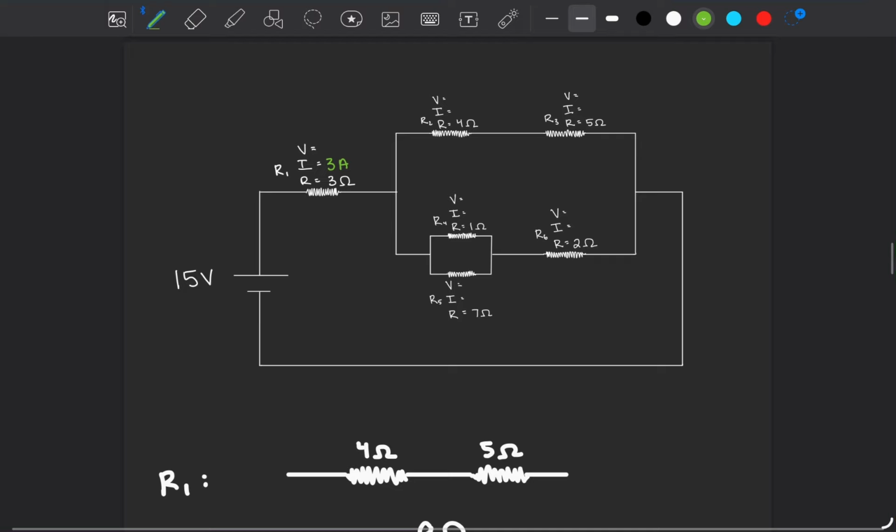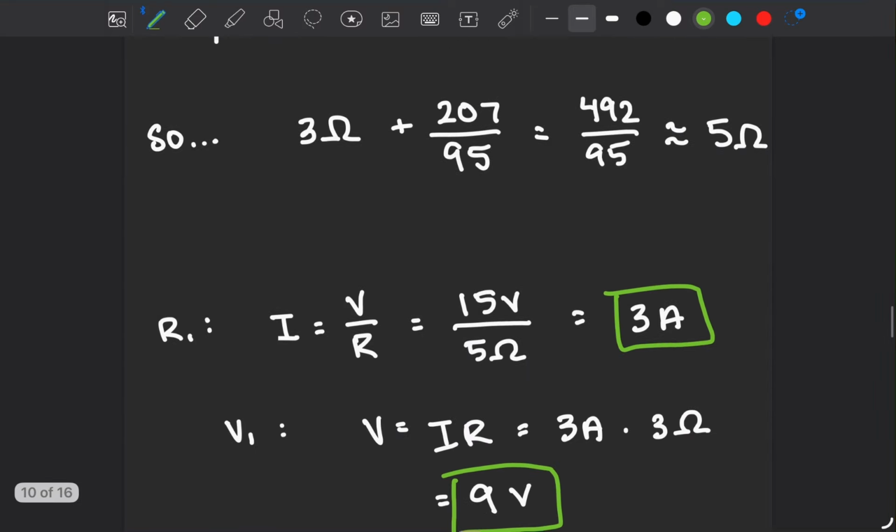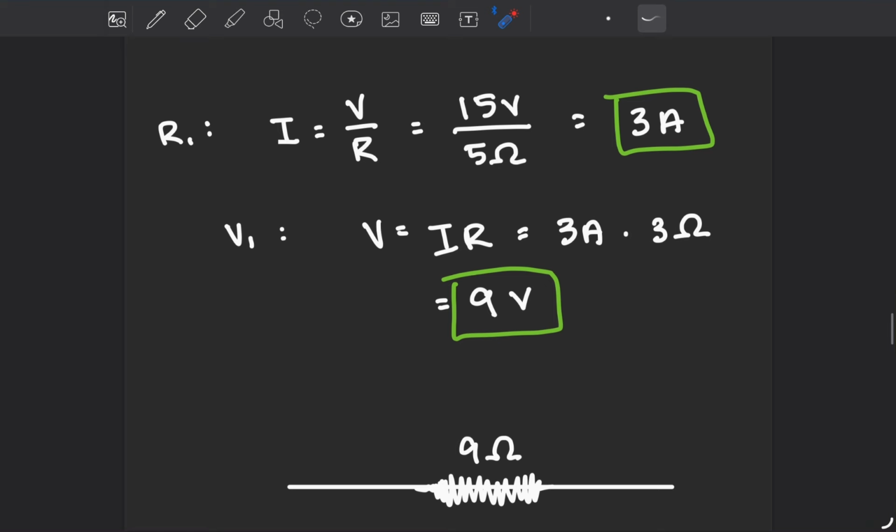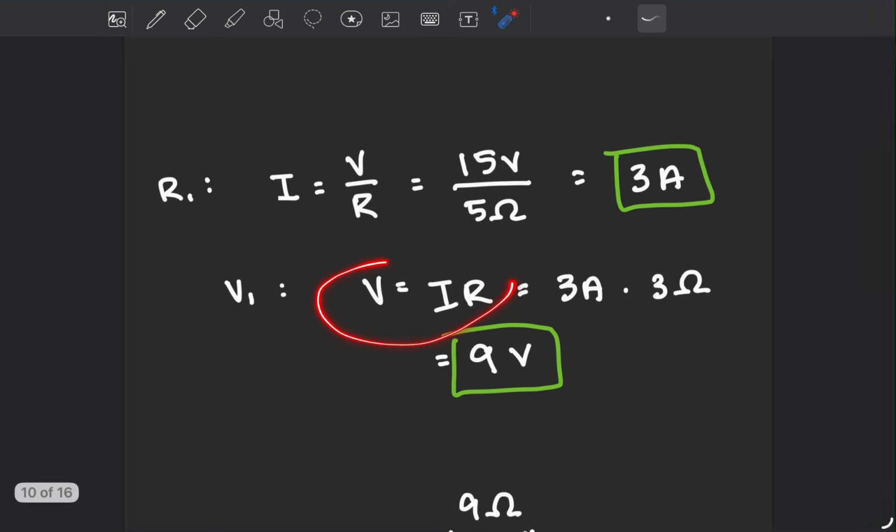And so we still need to find the voltage drop. And again, using Ohm's law, voltage equals current times resistance, which is the 3 amps that we just found times the 3 ohms of that resistor, which gets us 9 volts.